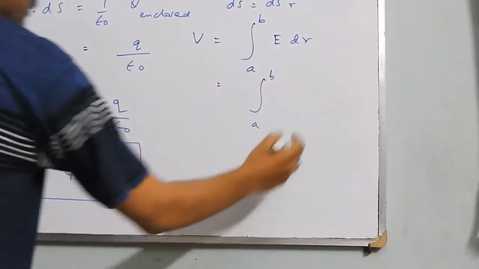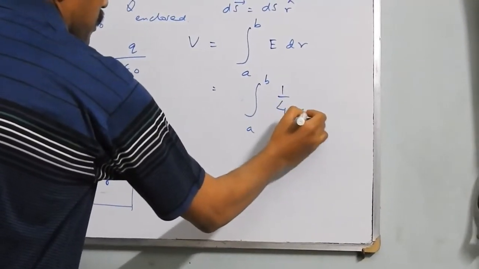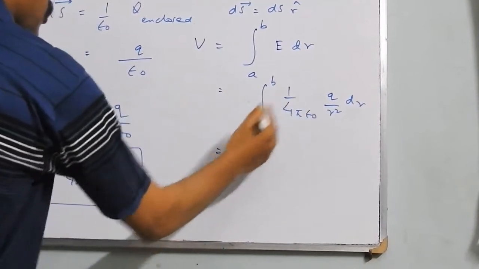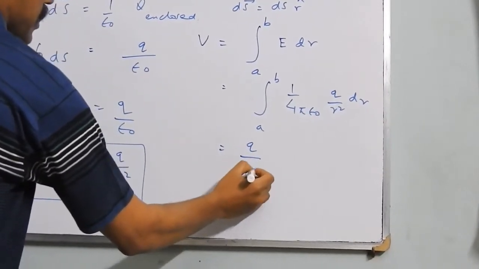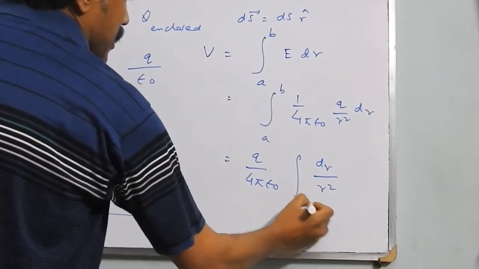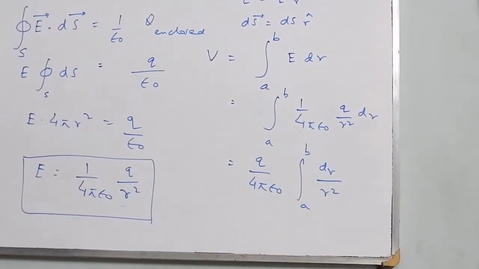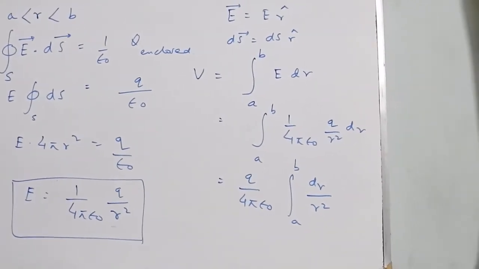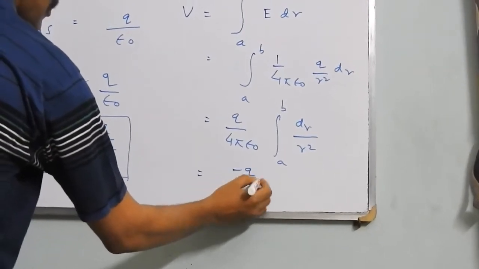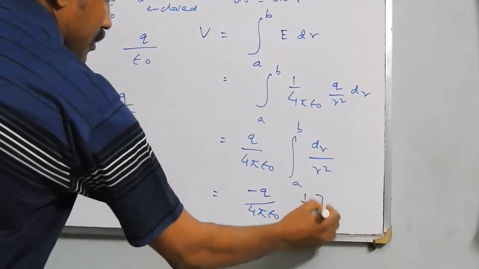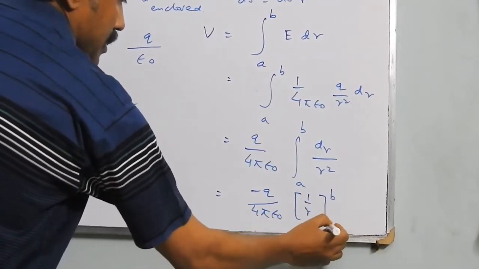E should be written as 1 by 4 pi epsilon 0 q by r square dr. So q by 4 pi epsilon 0 goes out of the integration, it becomes dr by r square integrated from a to b. The integral of dr by r square is r to the power minus 2 plus 1 by minus 2 plus 1, that is minus 1 by r. So this gives minus q by 4 pi epsilon 0 times 1 by r with limits b and a.